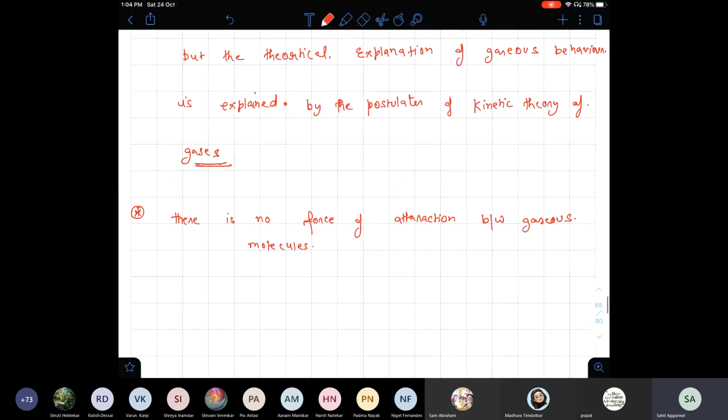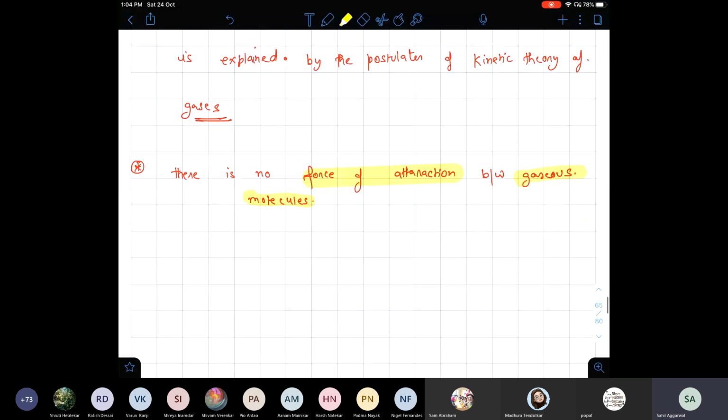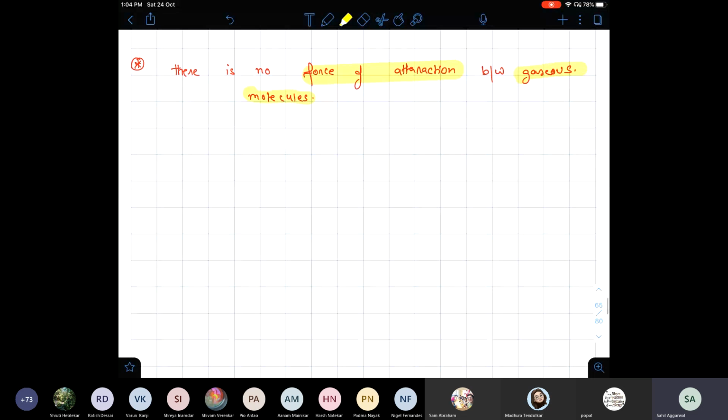There is no force of attraction between gaseous molecules.